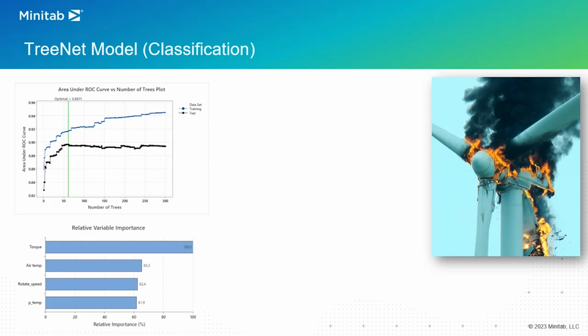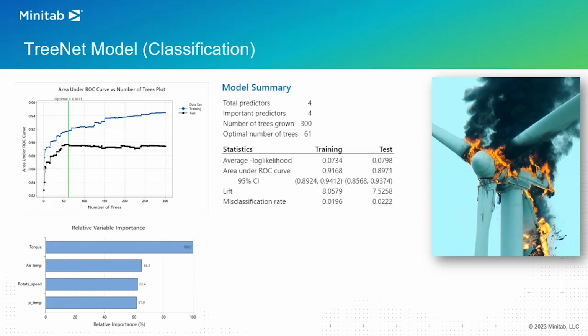The model also reports variable importance according to their contributions. And if you look at the model summary in this case, you will discover that our performance on the test sample is very close to 90% area under the ROC curve.